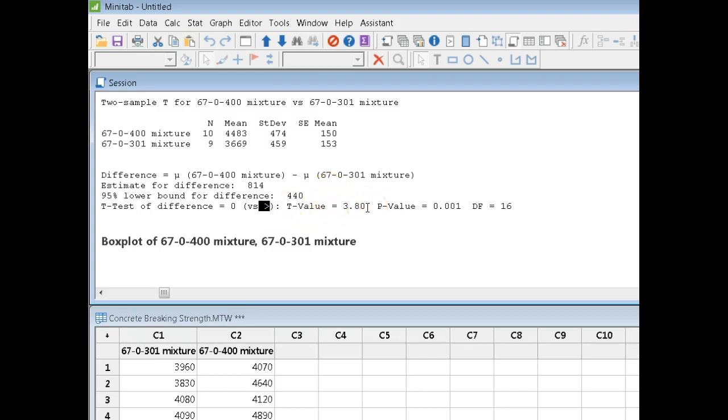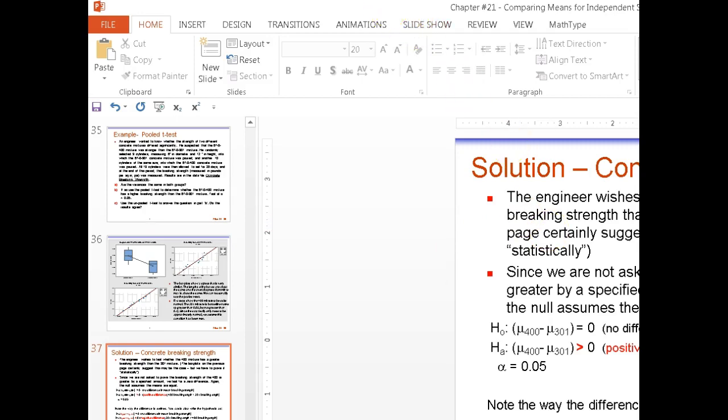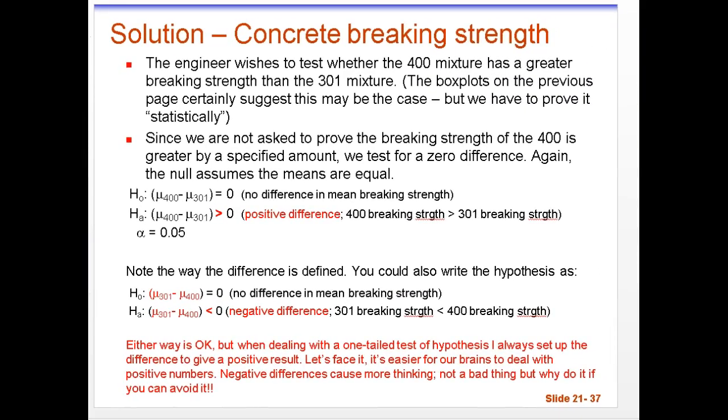Minitab calculates the test statistic. It gives me 16 degrees of freedom, based on that rather convoluted formula, I think on slide 21-23. It gives me the p-value rounded to 3 places after the decimal, and I want to know, is this p-value less than alpha? I forget in the problem. Let's go back and have a look. What did the problem ask us to compare our alpha to?